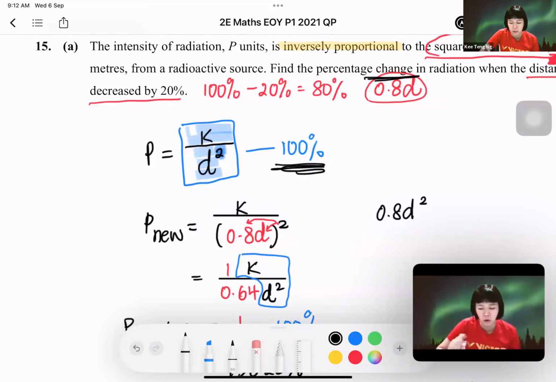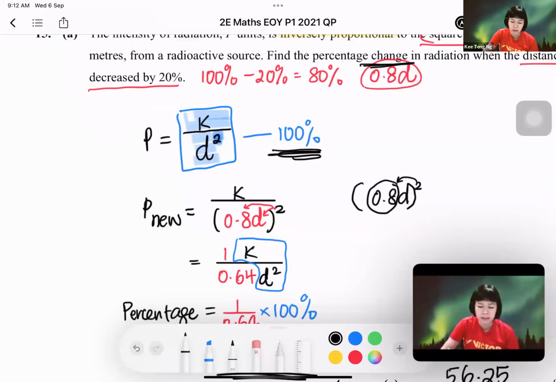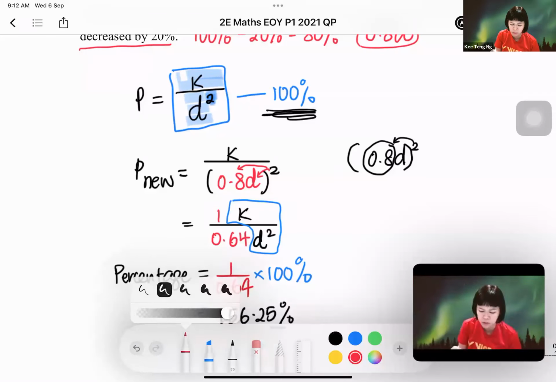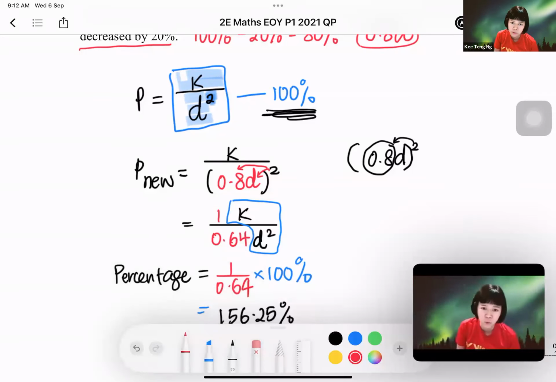This is not correct, because the 0.8 also needs to take in the square. So you must remember to put a pair of brackets over here. After I plug this into my equation, 0.8 D whole thing squared, I apply my square to 0.8. So 0.8 squared, you get 0.64.